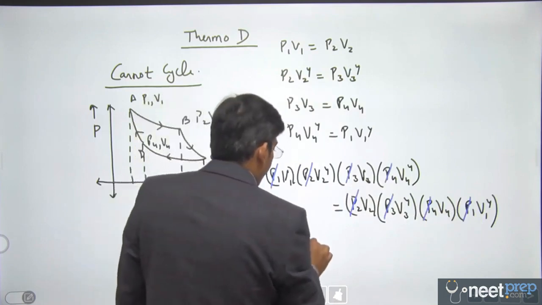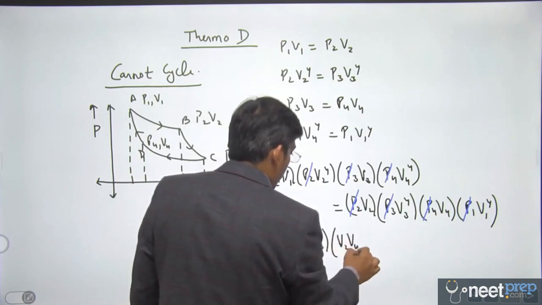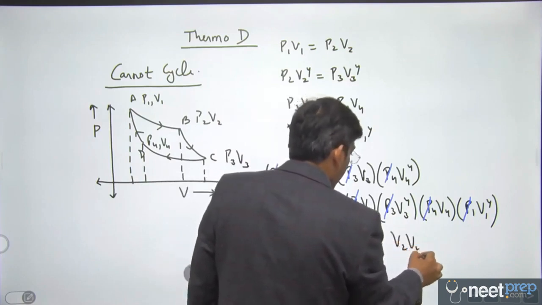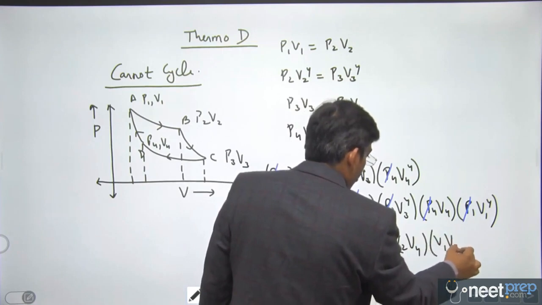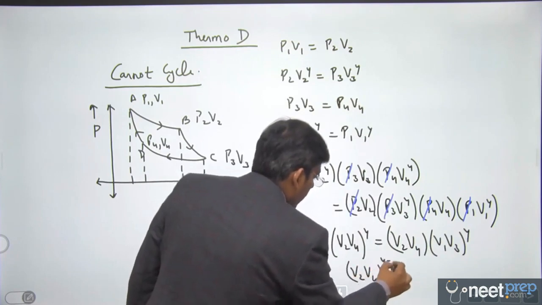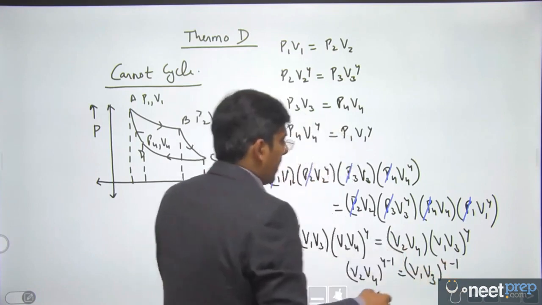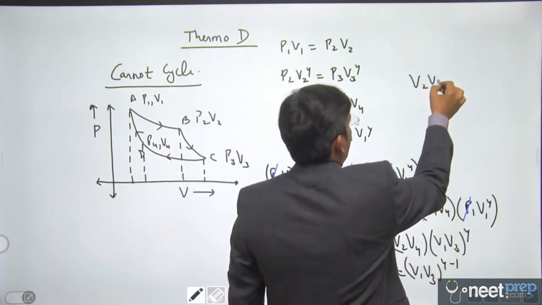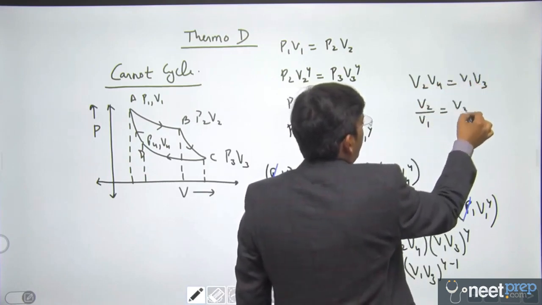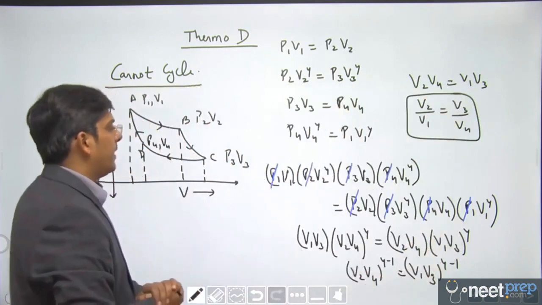So V1 V3 · (V2 V4)^gamma equals V2 V4 · (V1 V3)^gamma. Right, dear students? So we get (V2 V4)^(gamma minus 1) equals (V1 V3)^(gamma minus 1). If you take the 1 by (gamma minus 1)th root, you get V2 V4 equals V1 V3. So V2 by V1 equals V3 by V4. This is the relation between V1, V2, V3 and V4 for a Carnot cycle, dear students, right?